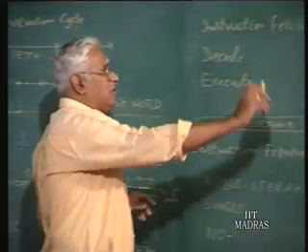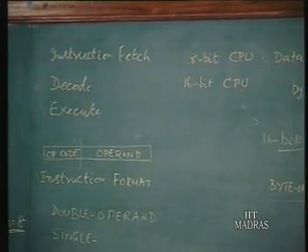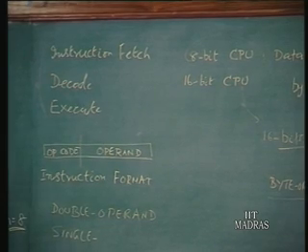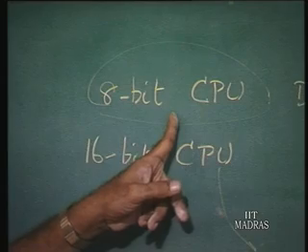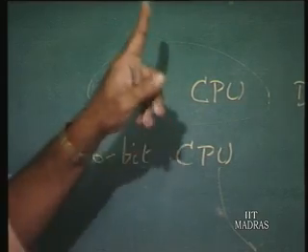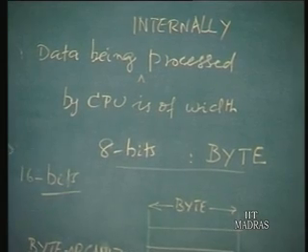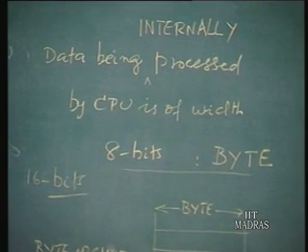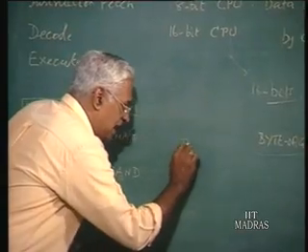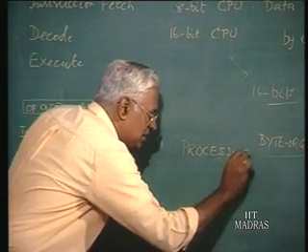In other words, we are not talking about the width of the bus or the way the data is organized. What we are talking about is the internal processing capability of the CPU. What did I say earlier? What is processing essentially consisting of? Either it is arithmetic or logical, right?